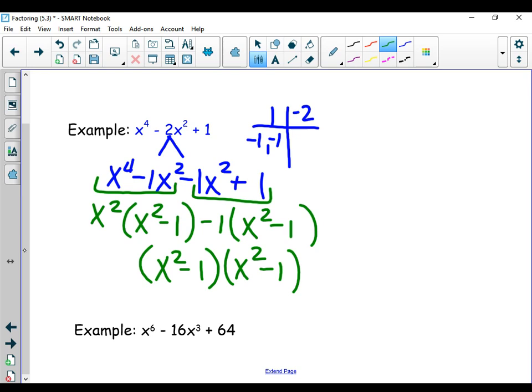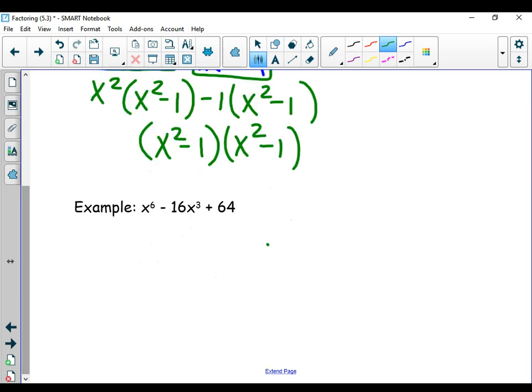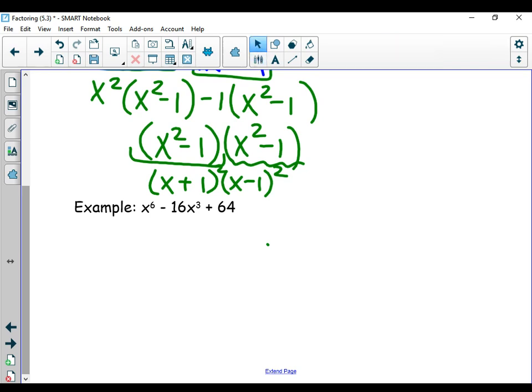So instead of writing this out twice, because that would be kind of silly, if I'm factoring just this one, that's going to be x plus 1 and x minus 1. But if I factored this one out too, it'd be the same thing. So I'm just going to make these squared. So x plus 1 squared and x minus 1 squared. Okay.